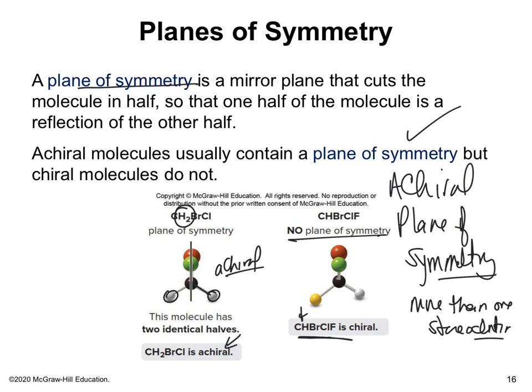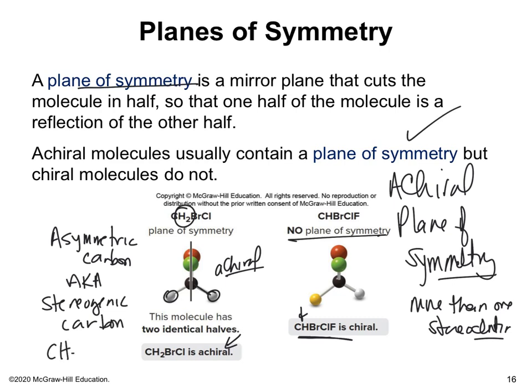This one's achiral. And so if you have a carbon that's bonded to the same thing, it's going to be achiral. So when I look quickly for an asymmetric carbon, also known as a stereogenic carbon, I immediately pass over a CH2, which we call a methylene, and a CH3, which is called a methyl, because those carbons are bonded to more than one of the same thing.